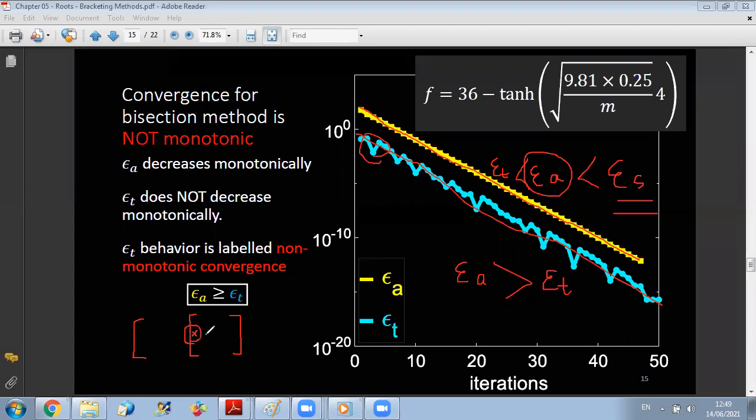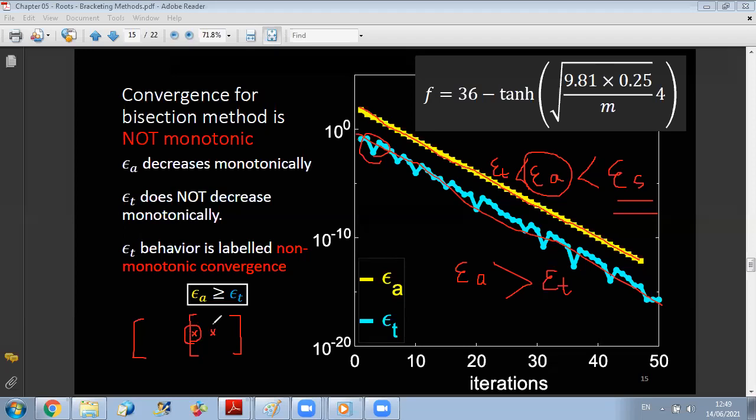So if you compute epsilon true, it will give you a very small result. Now, when you do the second iteration, you will say now my root should be between this part and the upper end, because these two will have opposite f. So now your new estimate will be here.